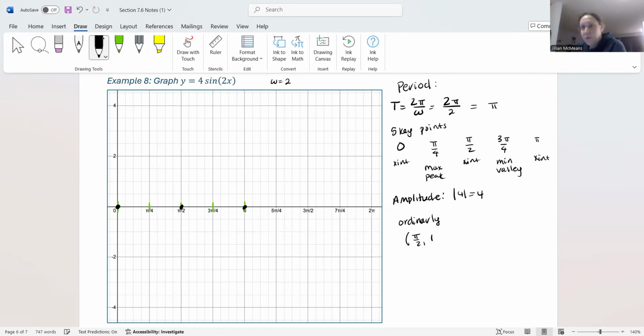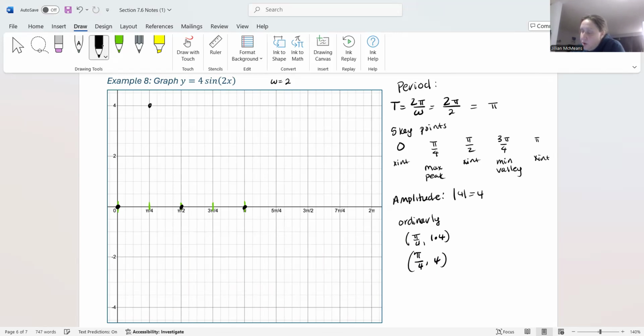But it's no longer going to be 1 now because I need to stretch my graph. So I can take the y coordinate of my max and min and multiply it by my amplitude. So that's going to make my max, that should be pi over 4 right here. Make that pi over 4, please. So that's going to make my max pi over 4 comma 4.